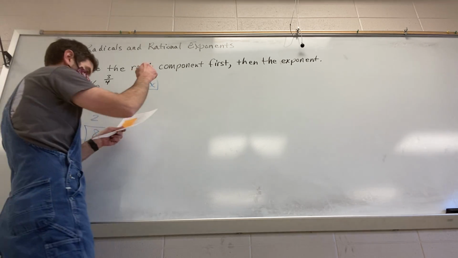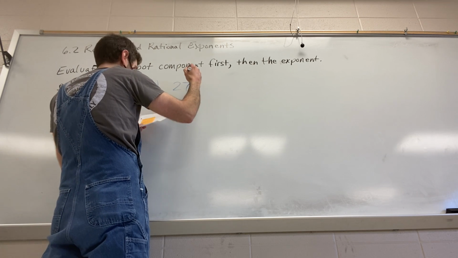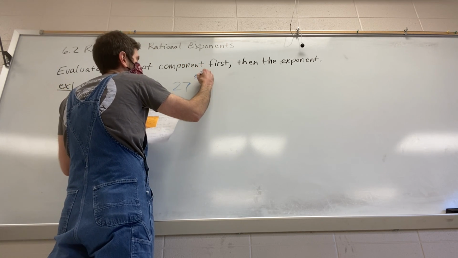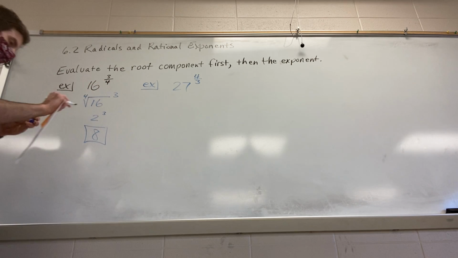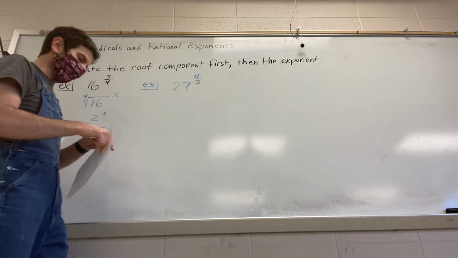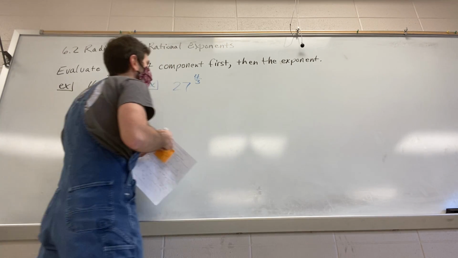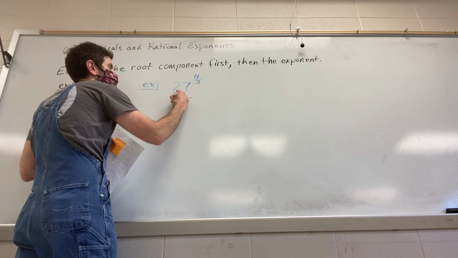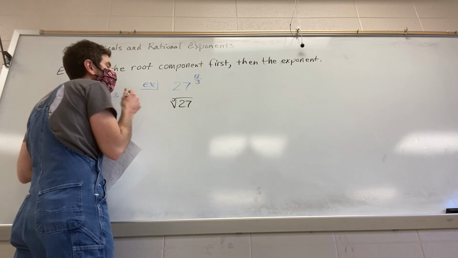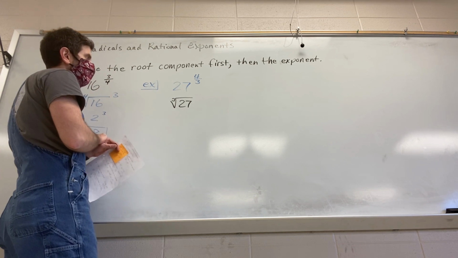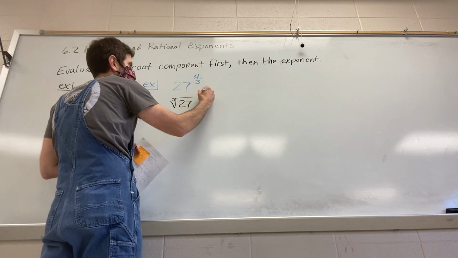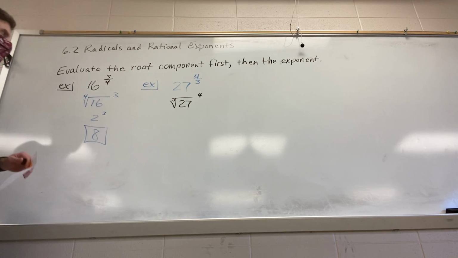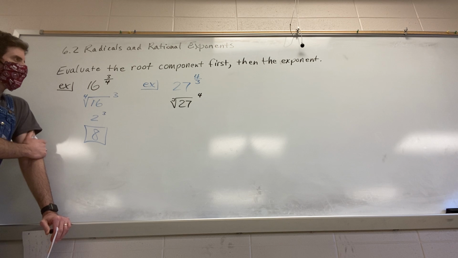So on this next one, let's rewrite it first. It's 27 to the 4/3 power. So let's rewrite it as what root? 3rd root of 27 to what power? 4th power. And what is the cube root of 27?